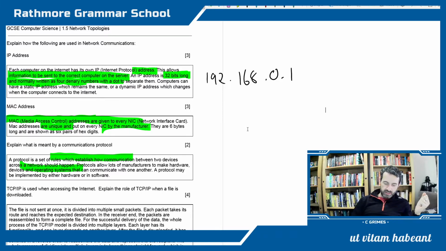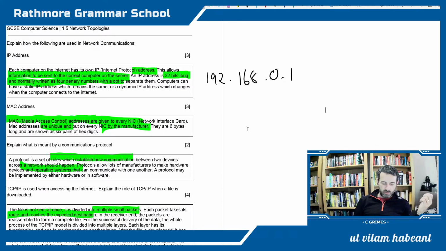But you've seen at the start of the video, it's to do with the packetization, how data are broken into small packets, how data is sent out over a network, how data is addressed on the network, and how data is reassembled. So really looking for that, breaking down into packets, sending it out and addressing on a network, receiving it and reassembling it. Each data takes its route and it goes to the expected destination.